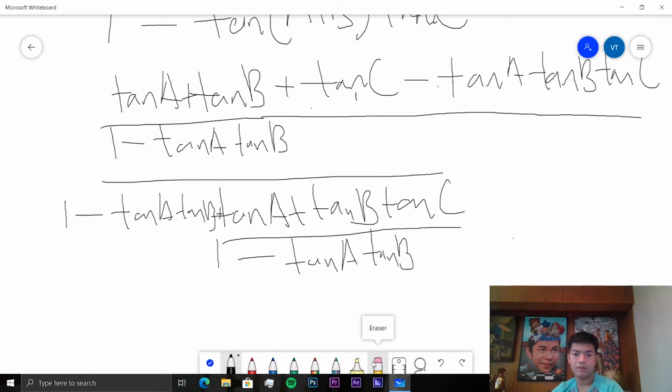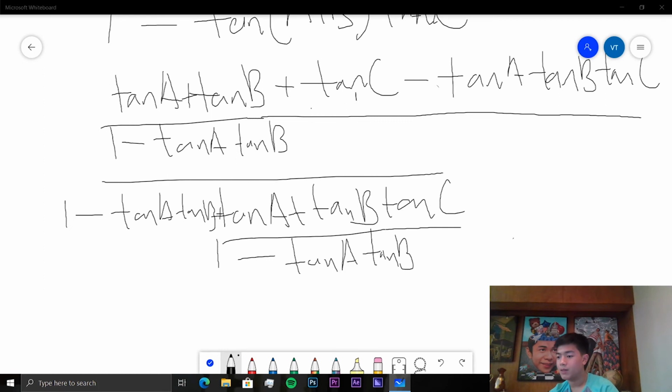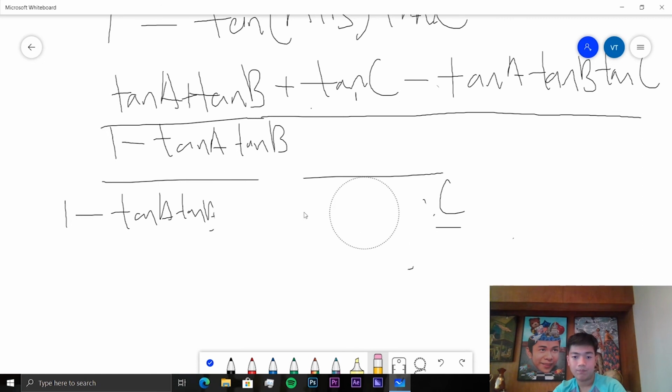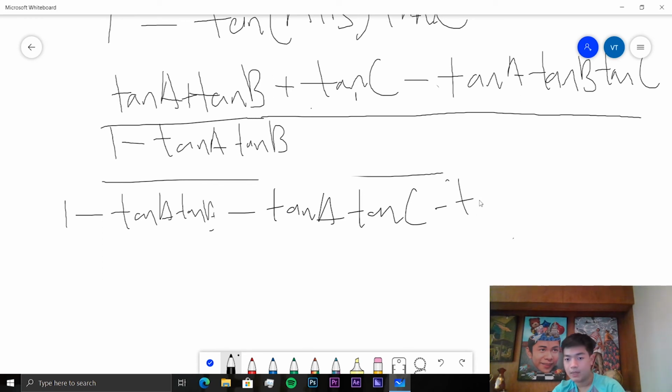So is that correct of an expansion? Oh, but this is a plus sign. So actually this would be 1 minus tan a, tan b minus tan a, tan c minus tan b, tan c.